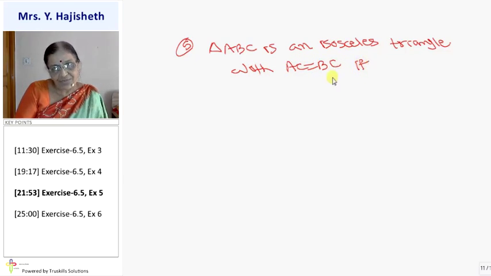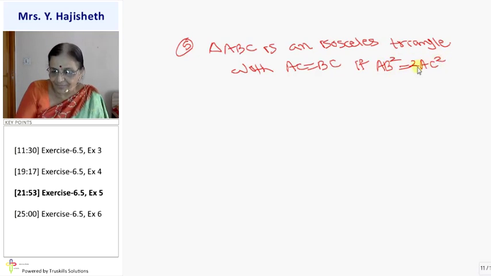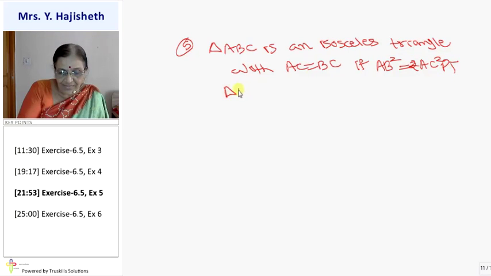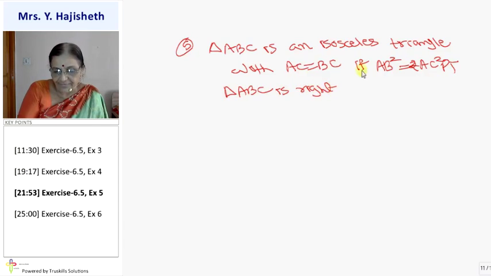If AB square is equal to 2AC square, prove that triangle ABC is a right angle triangle.